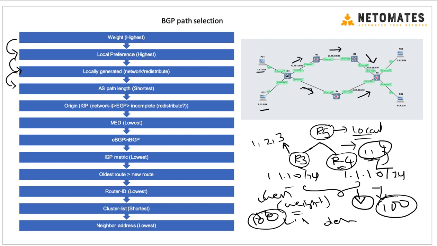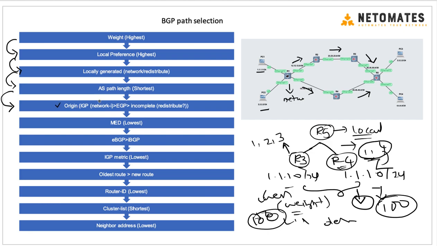So in this topology, the route learned from R4 will be preferred. Suppose in another topology you have the same AS path length for both, then it will go through the next one. It will check the origin. In this case R1 is originating this route, right? We use the network command on this router to inject the route, so it will be preferred. Suppose another route is added using redistribution; this is the order it will prefer.